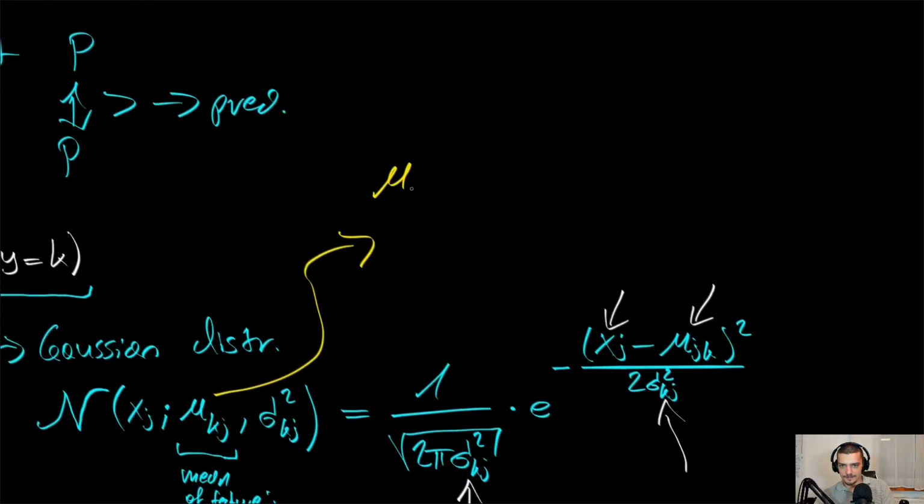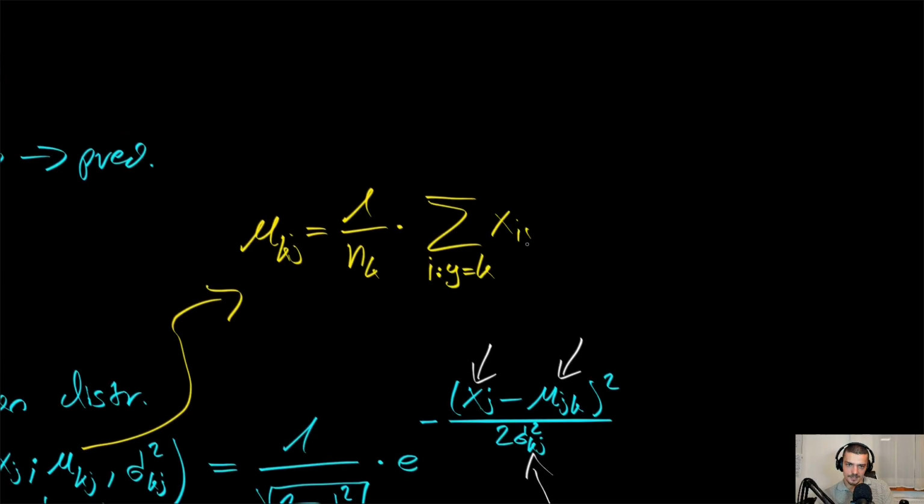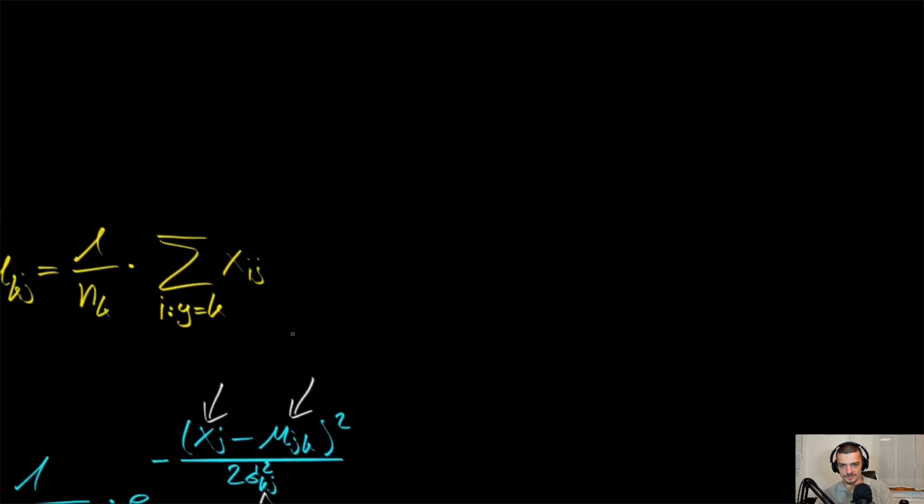The mean for kj is just the same thing as 1 over nk, since we're getting the mean. So we need to divide by the number of instances times the sum over i, where the class is equal to k. So all the instances where the class is equal to k, xij. Just sum up all the values, divide them by the number of features of this class.